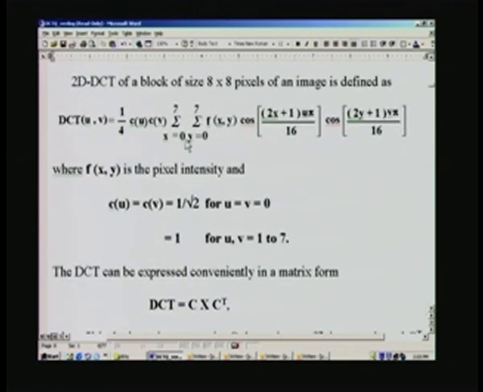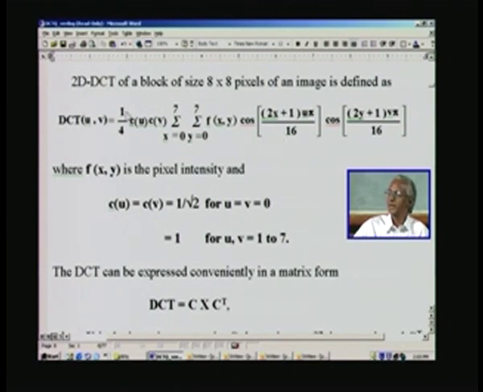For example, this is 0 through 7, that means only 8 combinations are there. Similarly, if I bifurcate, taking half of C(u) and half of C(v), and absorb half in this cosine term and half C(v) in the second term, you can then represent it as 8 by 8 matrices. 3 such matrices will be there, and the first cosine term will get reflected in C, and this will get reflected in another, C transpose, which is nothing other than the same matrix transposed.